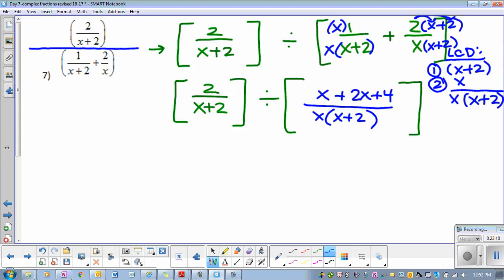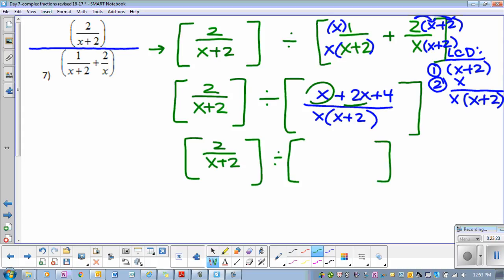All right, what is x plus 2x plus 4? Guys, combine like terms. 3x. 3x plus 4 over x times x plus 2. Yes? Okay, so now I need to do same times flip.